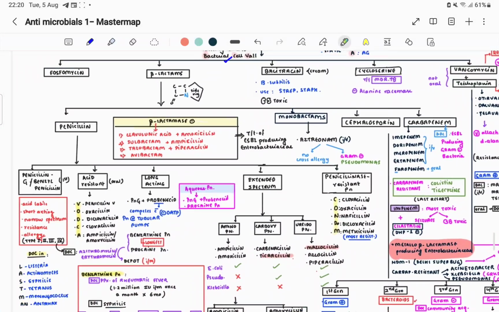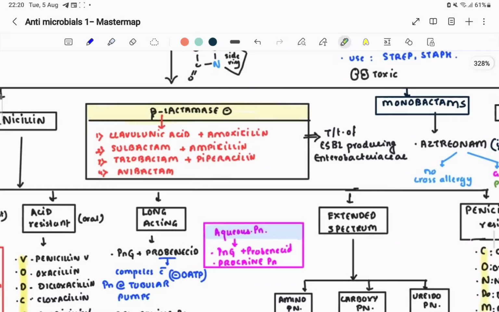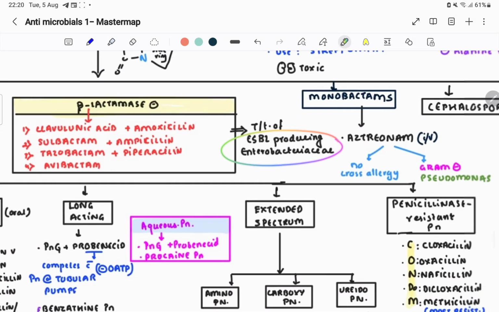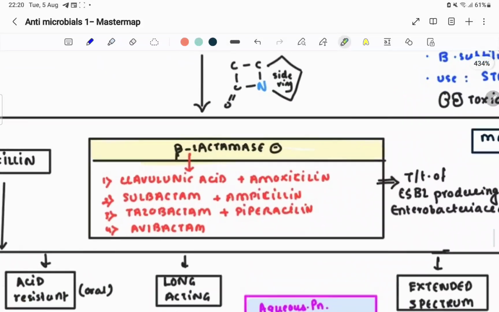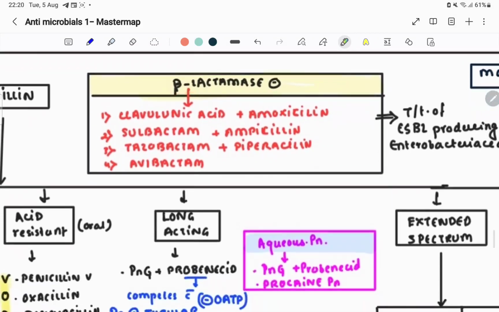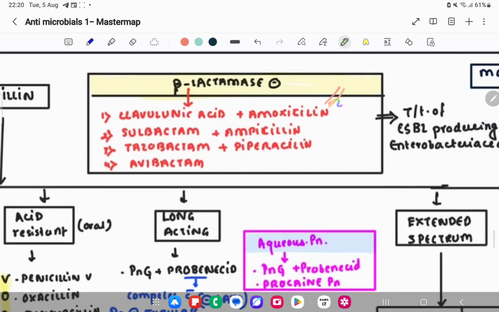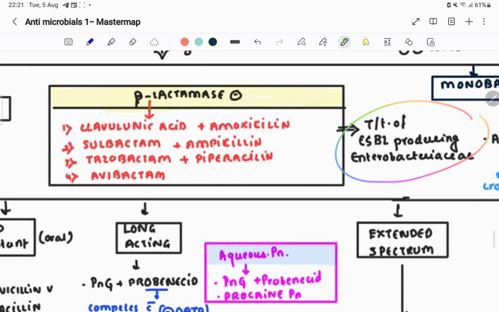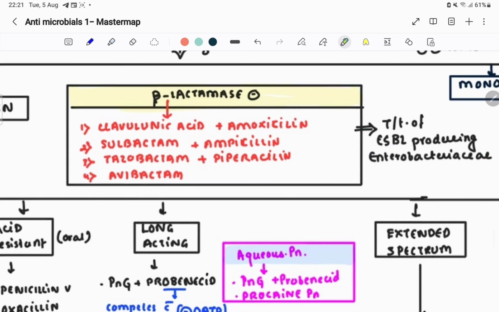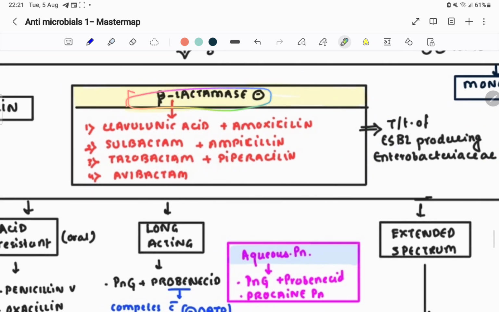For treatment of ESBL producing Enterobacteriaceae, we have beta-lactamase inhibitors. What we do is combine beta-lactam antibiotics with beta-lactamase inhibitors, so that the bacteria can be killed very easily, right?